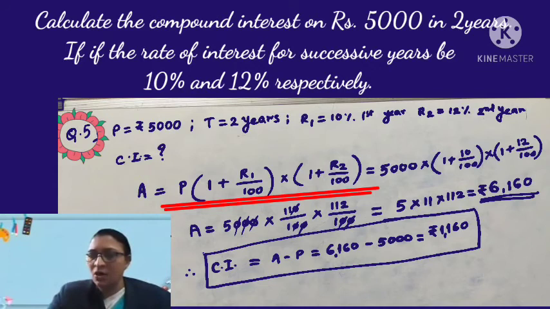So, on cancelling all the zeros, we get 5 into 11 into 112, that is equal to rupees 6160. So compound interest is equal to amount minus principal, that is 6160 minus 5000, which is rupees 1160.